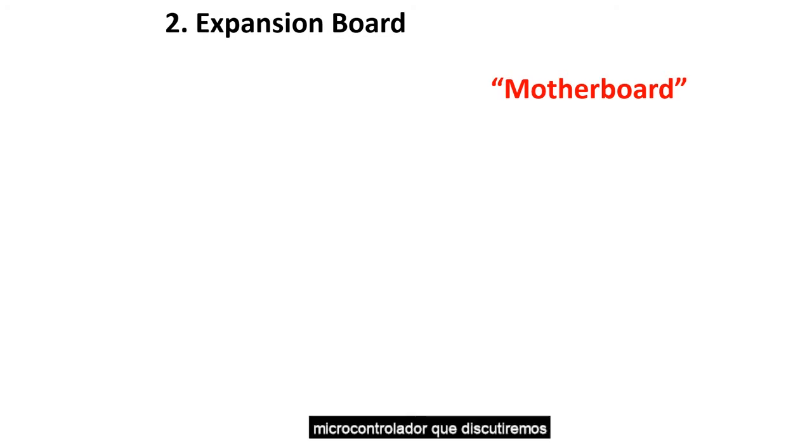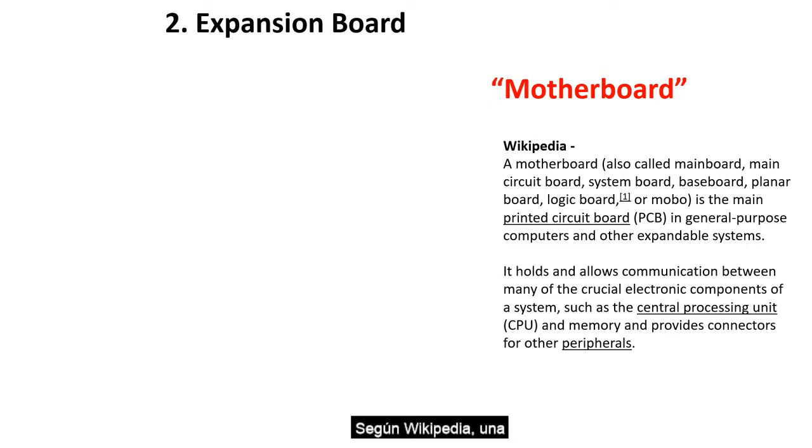The next component of the microcontroller that we will discuss is the expansion board. We are all familiar with what a motherboard is. According to Wikipedia, we can say a motherboard, also called mainboard or main circuit board, system board, baseboard, planar board, logic board, or MOBO, is a main printed circuit board or PCB in general purpose computers and other expandable systems.